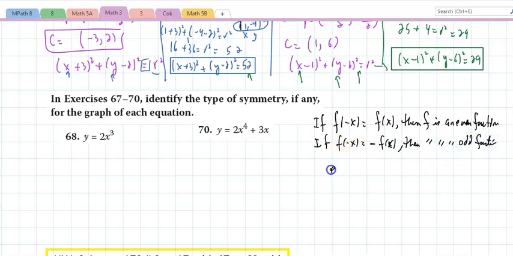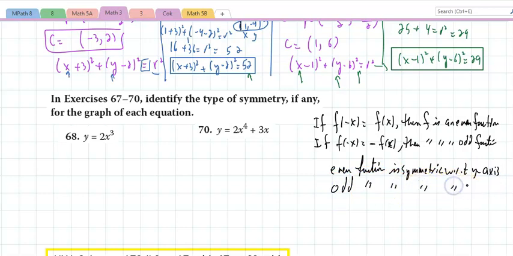And an even function is symmetric with respect to the y-axis. And an odd function is symmetric with respect to the origin.